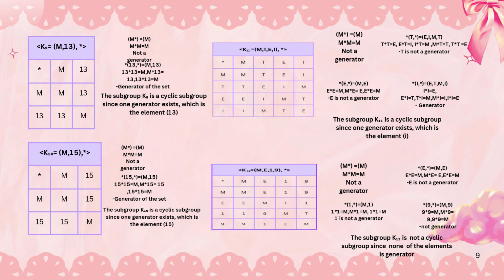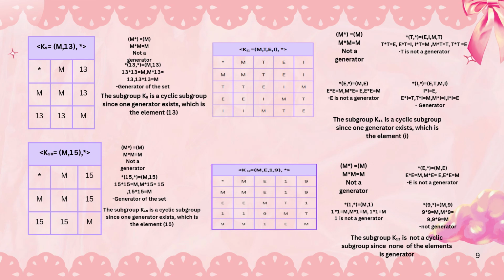Now, let us proceed to case 11, which has the elements M, E, T, and I. As you can see, when we operate M by itself, it is not a generator. Let us proceed to E: E operates E is equal to M, then M operates E is equal to E, then E operates E is equal to M. Therefore, it is not a generator for this group.